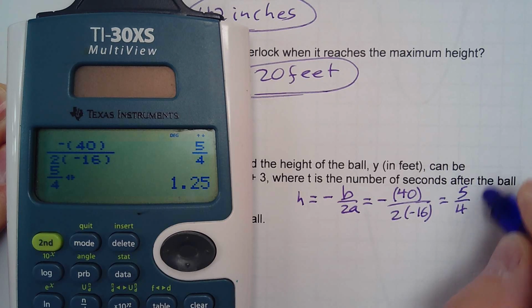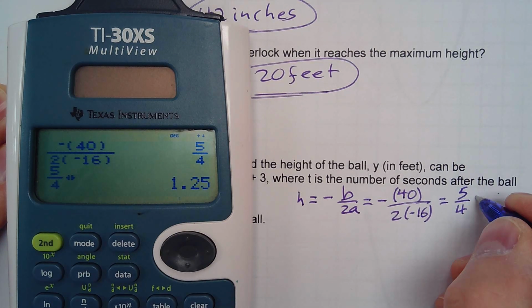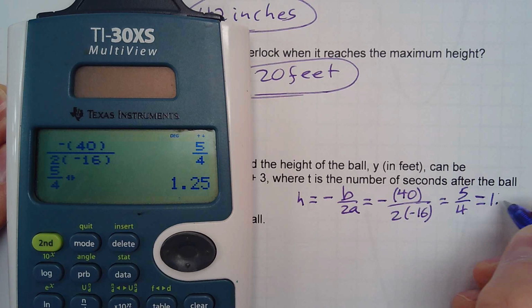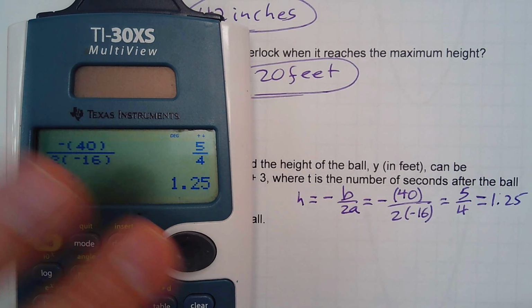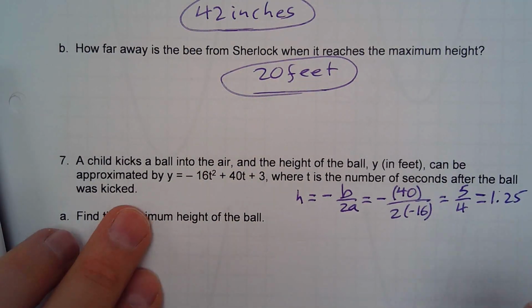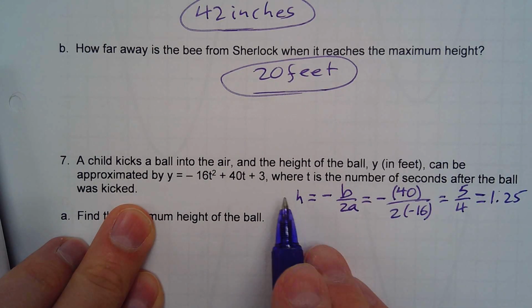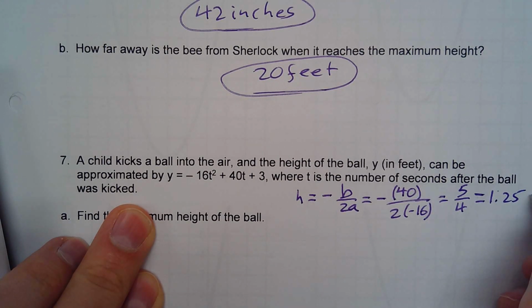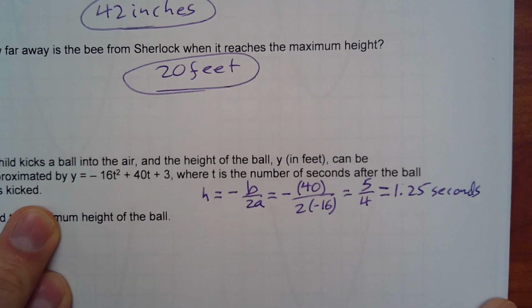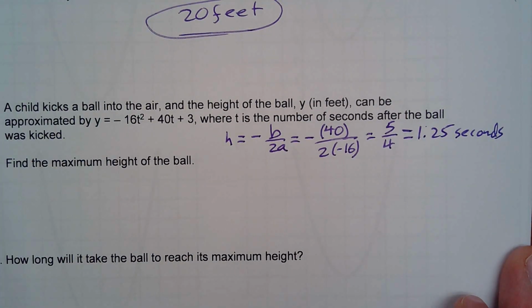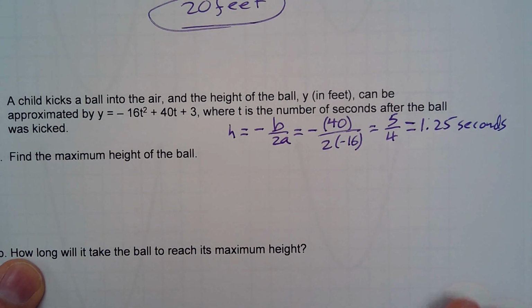And there's no rounding here, so this is just going to be equal to 1.25. And t is the number, we found the t here, so this is actually seconds. And so actually, we already got the answer for part B.